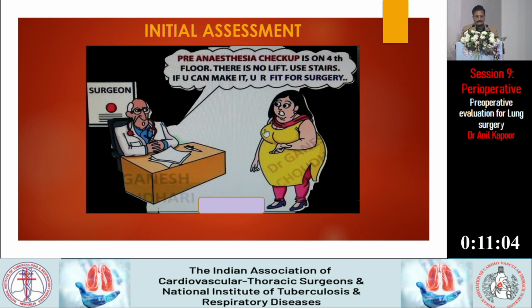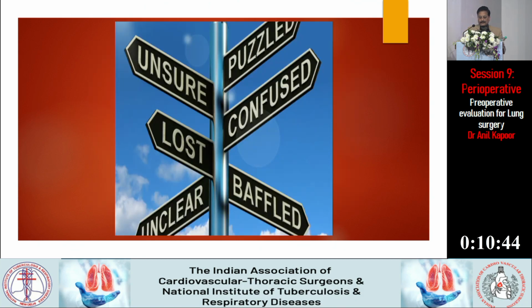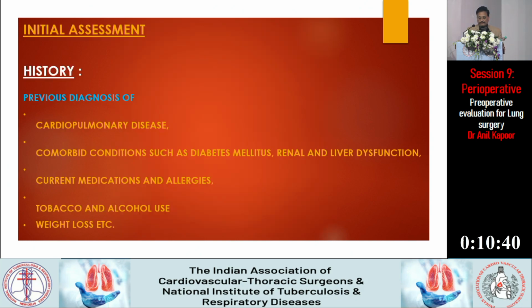As Dr. Devan yesterday asked, what would be the one-line assessment? So probably this picture depicts it. The pre-anesthetic checkup is on the 4th floor, no lift. You have to go by stairs. If you reach there, definitely you are fit for surgery. But most of the time it is very confusing.